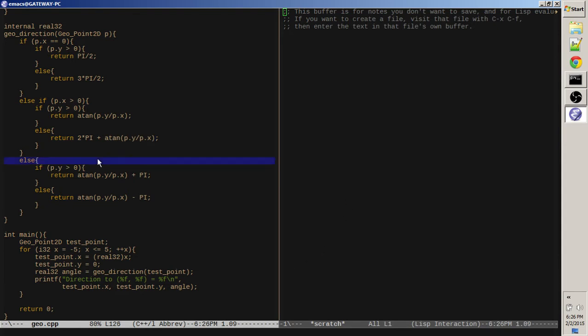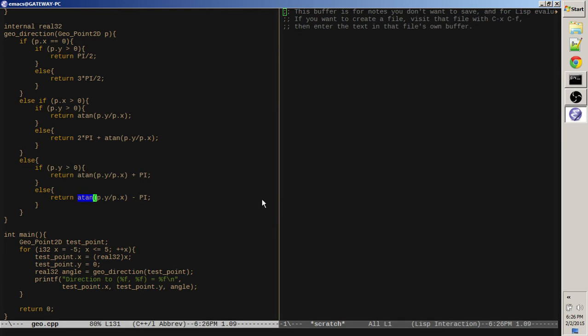Now if x is negative, then if y is positive, this turns out as a negative, right? So that's where we're down here, and then that adds around to here, so that's correct. Now if we're in this case, x is negative and y is negative, right?